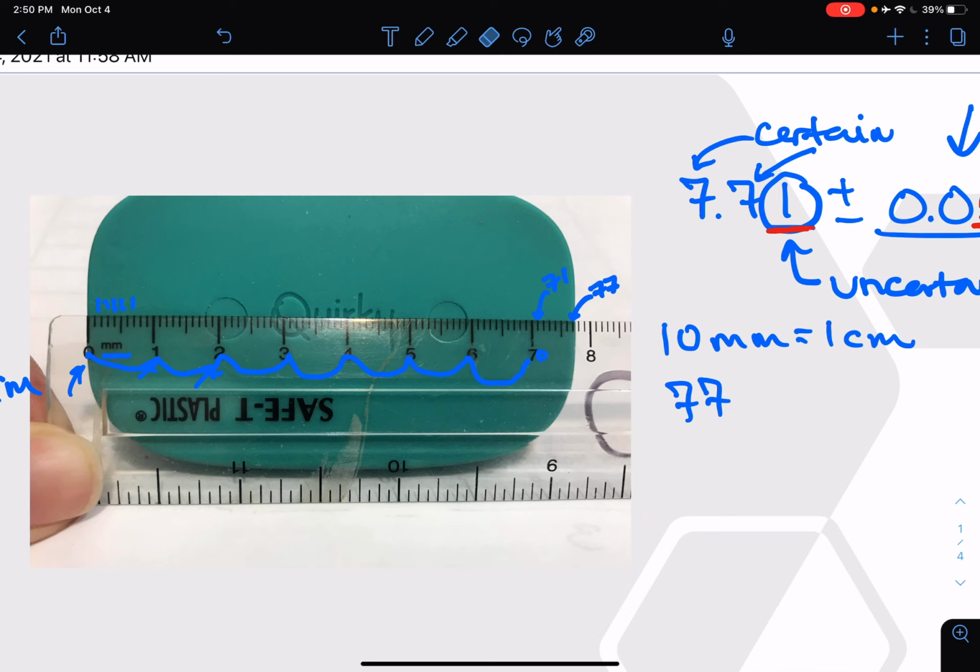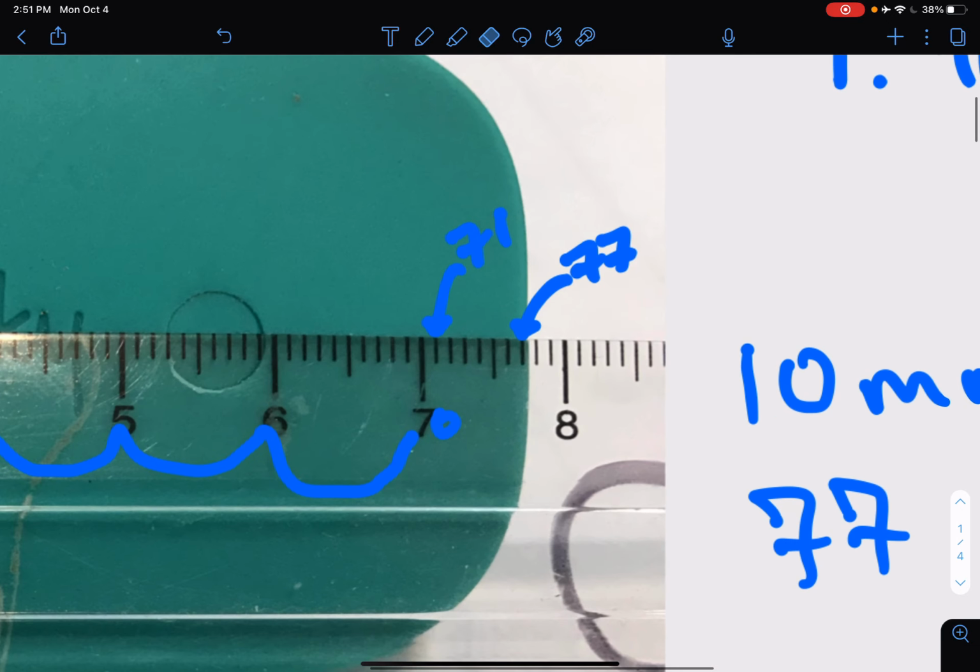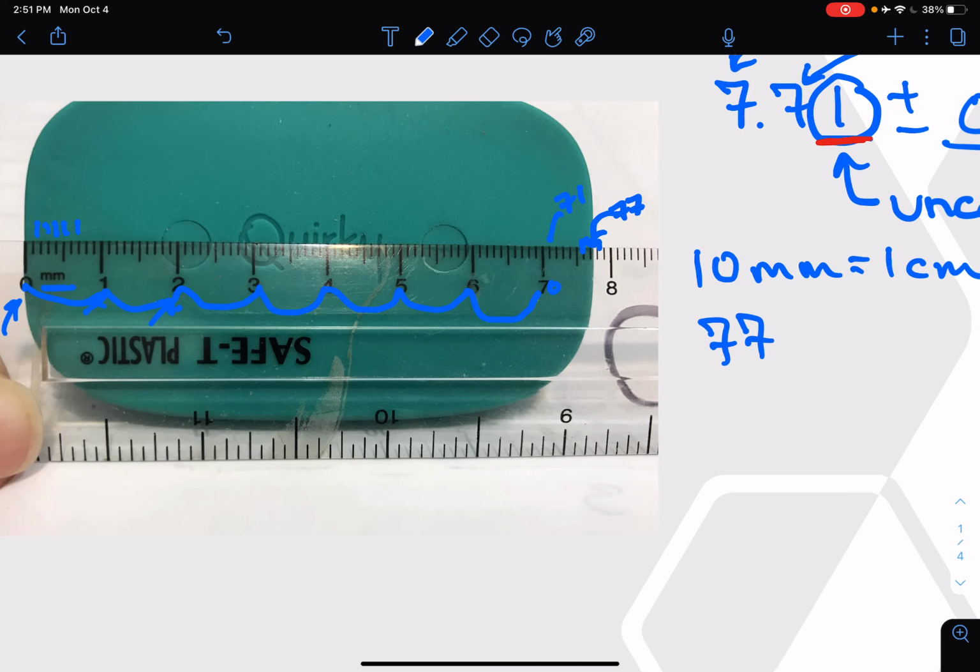And what you would do is go, okay, with my eyeballs, I can see that it is definitely 77 millimeters, and it's not 76 millimeters, and it's not 78. So 76 would be right here, and 78 would be right here. It's definitely not one of those two. It's definitely on 77, okay?